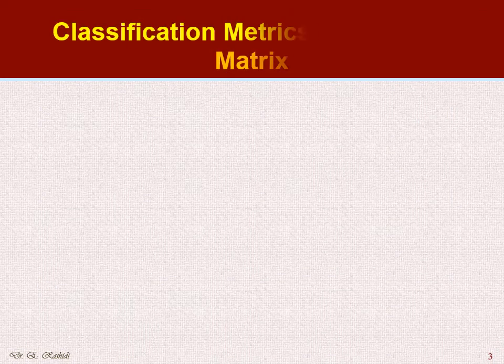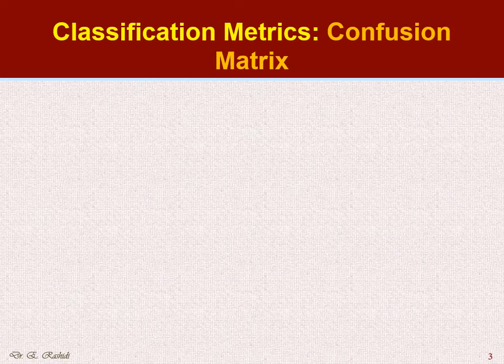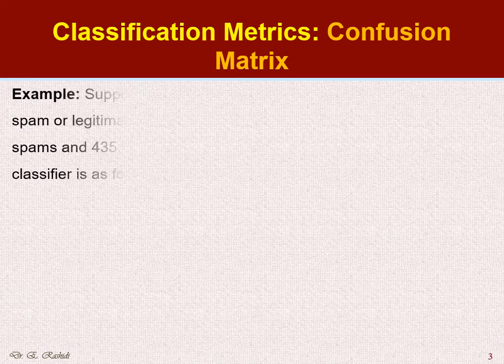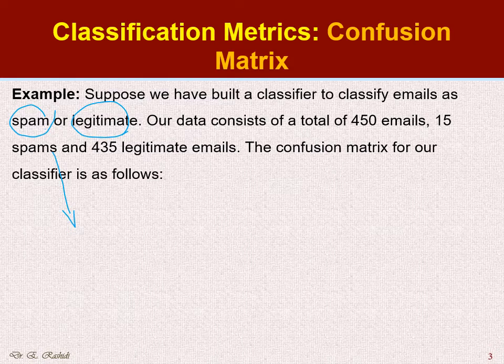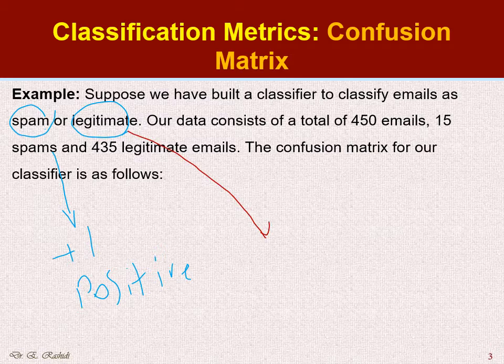Let's see an example of a confusion matrix for a binary classification problem. Suppose we have a binary classification problem in which we want to classify our emails as either legitimate emails or spams. So we have 2 classes, spams and legitimate. We're going to call the spam class the positive class, +1, and the legitimate email the negative class, or class 0.